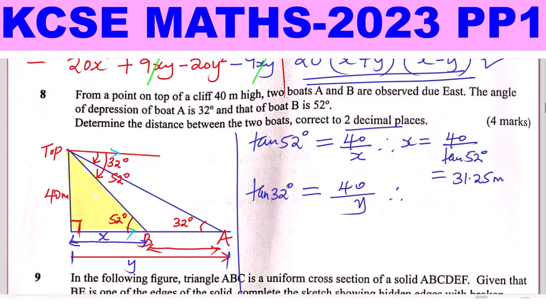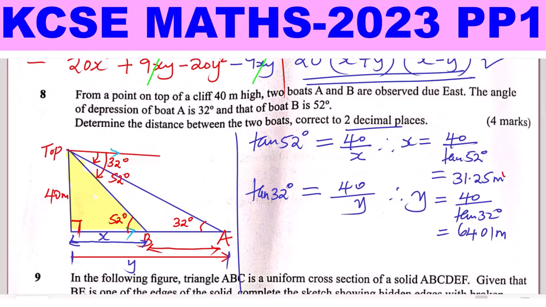We make y the subject by multiplying both sides by y and then dividing by tan 32. So y will be given by 40 divided by tan 32 degrees. And working this out using a calculator, you get 64.01 meters.